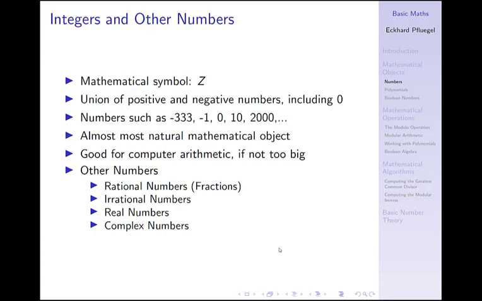For example, the square root of 2 is a good example of an irrational number. And finally, and that's well beyond the scope of this lecture, mathematicians have introduced the complex numbers using the imaginary axis, but that's very unlikely to be relevant in the context of security and cryptography in this series of lectures.